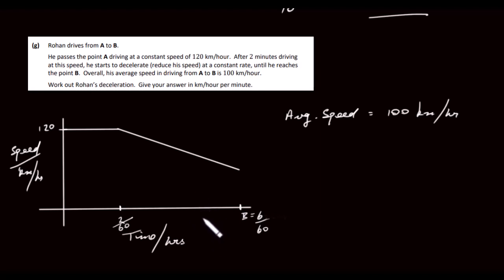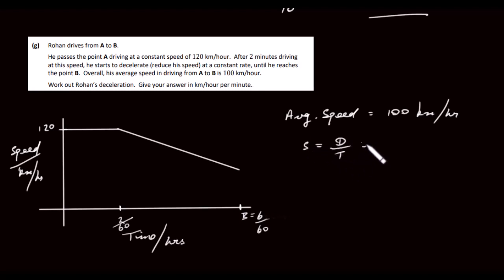So we want to work out this distance here first, the distance that it takes him to travel at constant speed. So he's traveling at a speed of 120 kilometers per hour. The time is 2 minutes, or 2/60ths of an hour. So we have speed is distance over time.